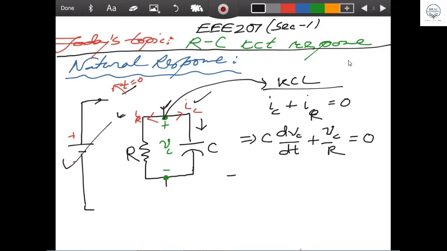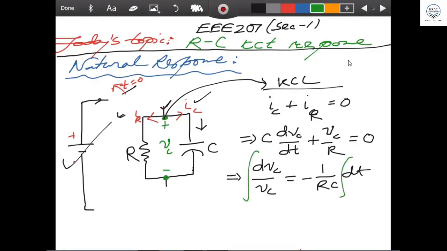So if you go with that, then dVC by VC will be minus 1 by RC dt.